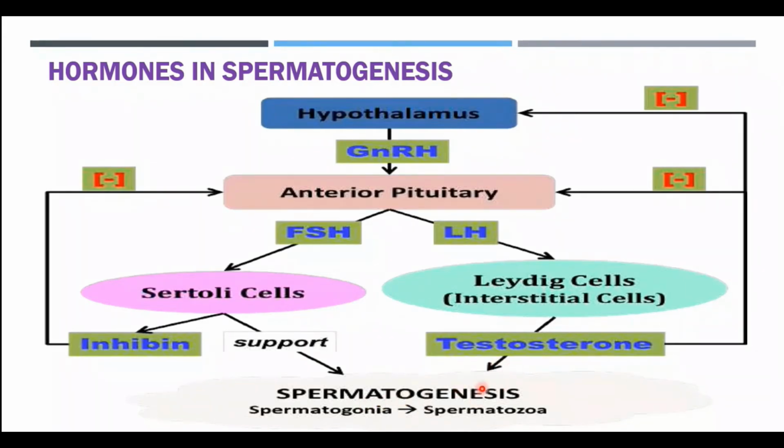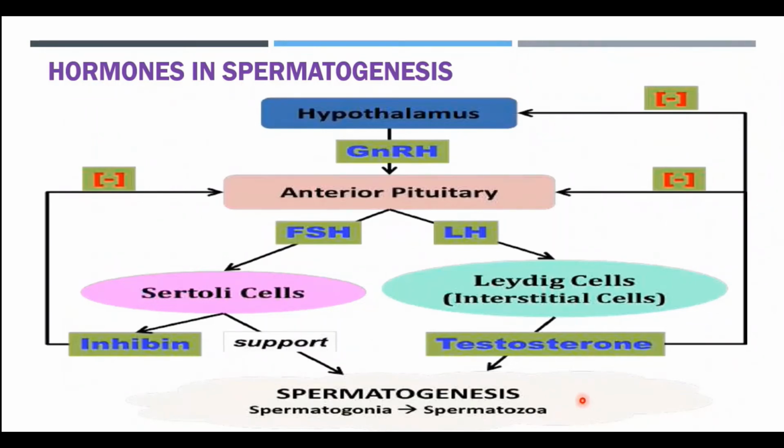This will stimulate the process of spermatogenesis, in which the spermatogonia inside the seminiferous tubule will change into the primary spermatocyte. Then it will change to become the secondary spermatocyte. Then they will change into the spermatid. Then they will differentiate to become the spermatozoa. So in other words, when the testosterone is released, sperms will be produced.